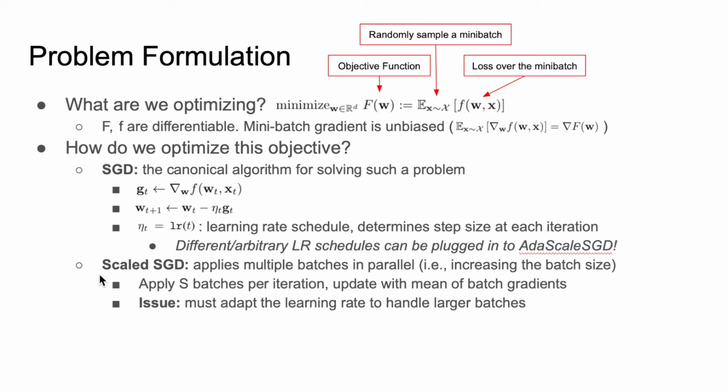But more specifically, AdaScaleSGD studies something that's a bit different than stochastic gradient descent. Namely, they study scaled SGD, which basically is SGD, but it applies S mini batches in parallel. So instead of applying one single mini batch, we apply S of them at a time, which basically simulates a large batch size. The issue with this is that we must adapt our learning rate to handle larger batches.